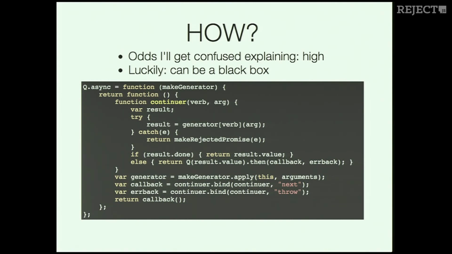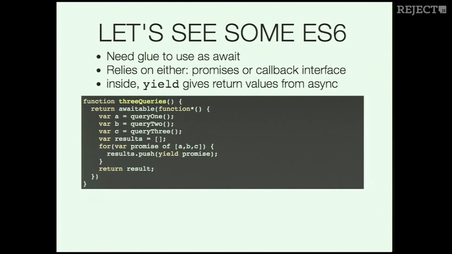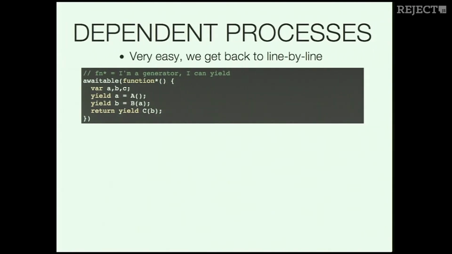But the important bit really is, if it's not done, we're going to queue up that promise, because it's yielding promises every time. That's the whole idea. Queue up that promise, and when it's done, if it succeeds, we hit callback, so we loop. And if it fails, we hit errback, so we throw. Now, throw is really super. Because throw, I hope I have a try-catch example in here.